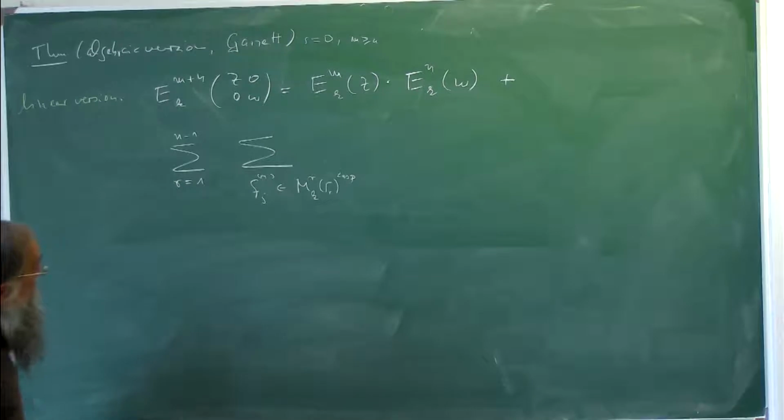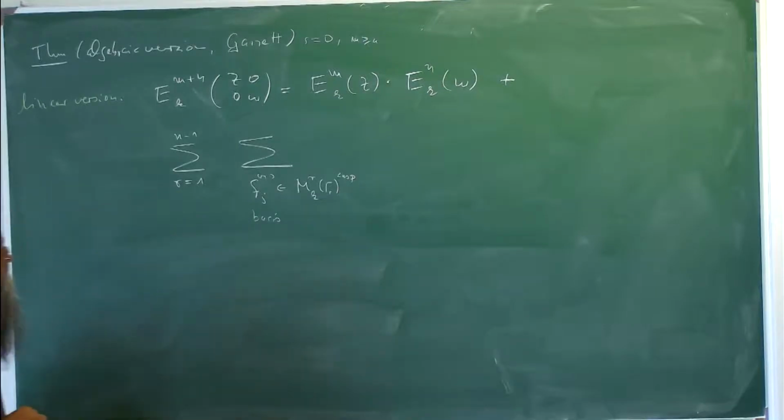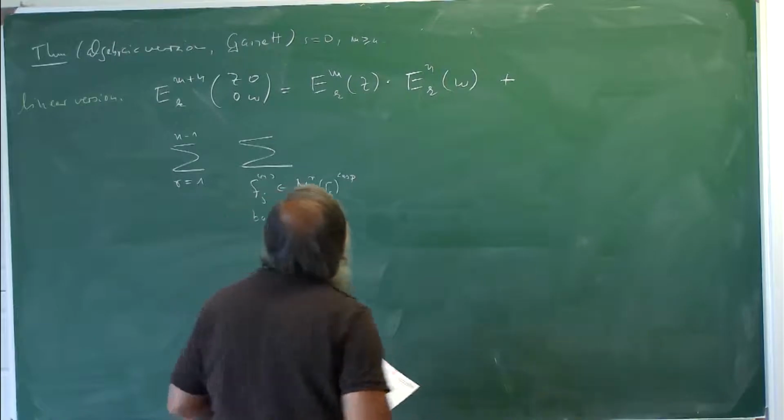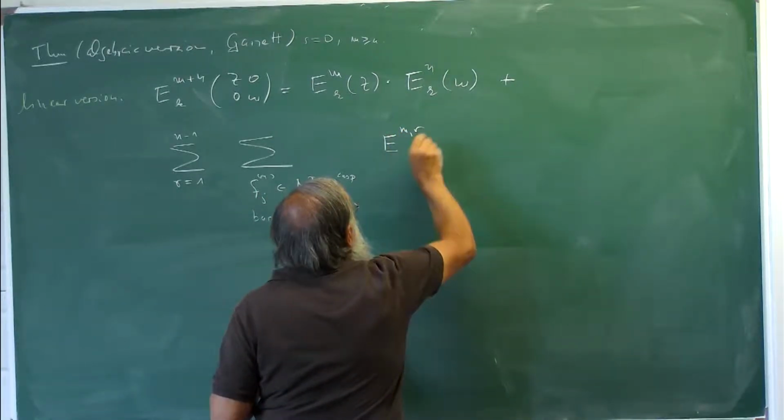So we sum over bases of cusp forms of degree r, and here comes something I have to explain.